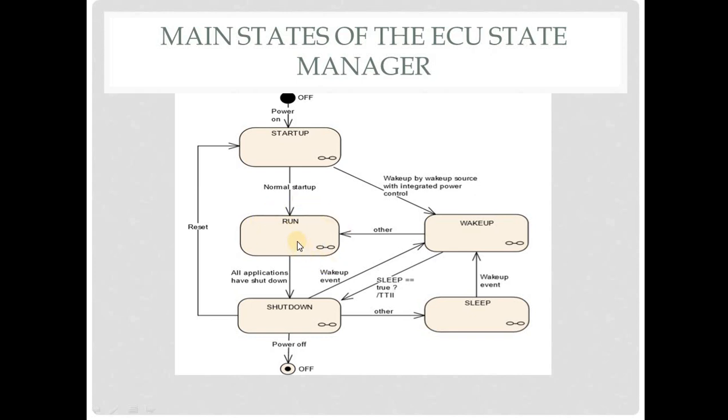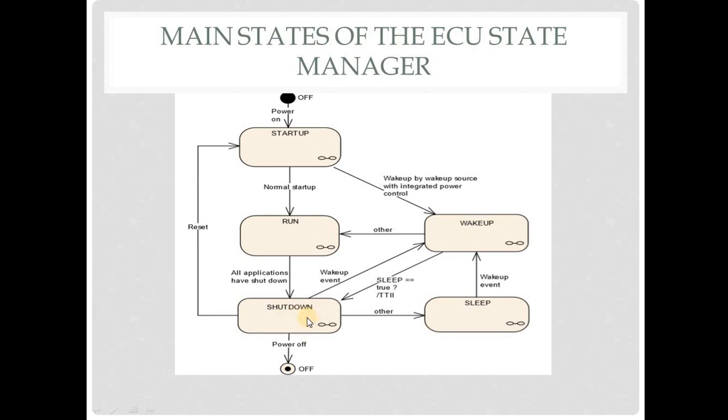So the ECU will keep on being in run state, provided some module wants to keep the ECU in active state. If none of the modules gives the run request to ECM, that in turn will make the ECM move to shutdown state.